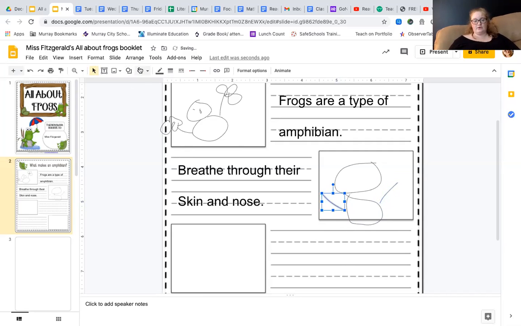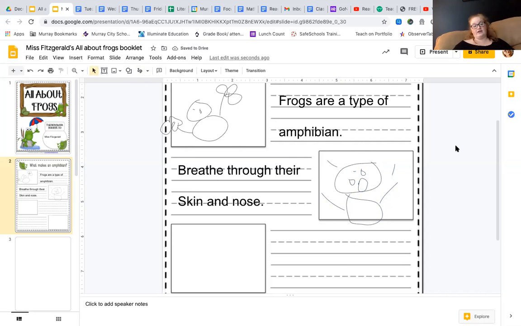Might draw his little nose holes. Because now I know that frogs, which are a type of amphibian, have noses that they breathe through, and they breathe through their skin. So I'm going to pretend like this is air, and they're just breathing through their skin. Okay. Go ahead and draw and color your picture.